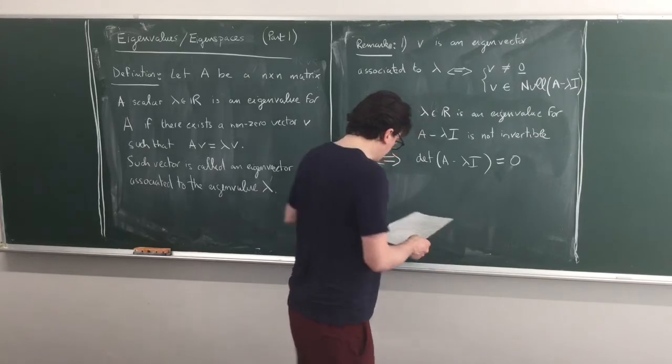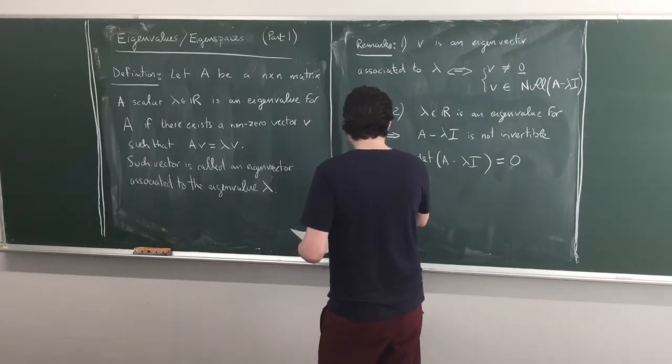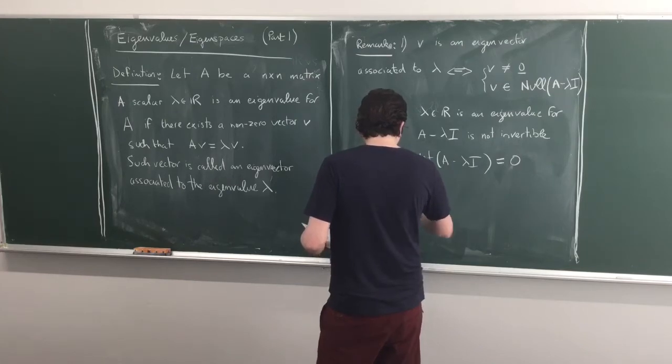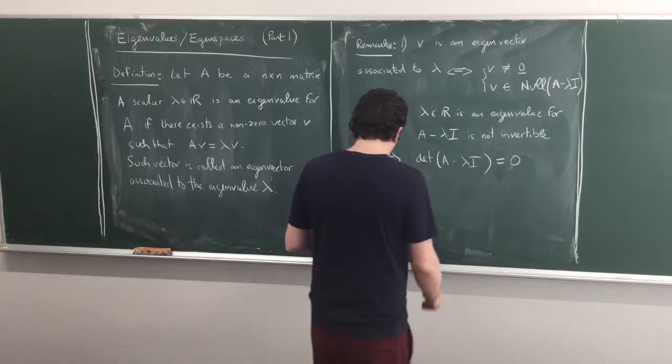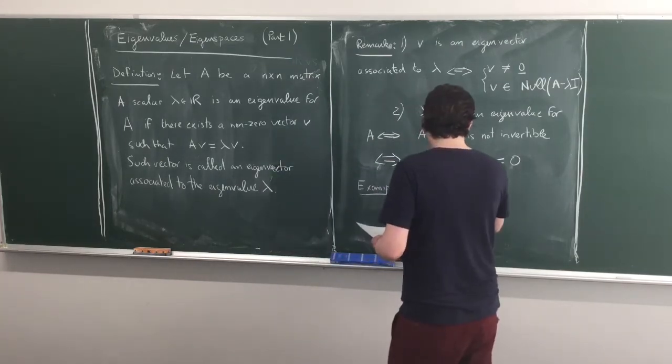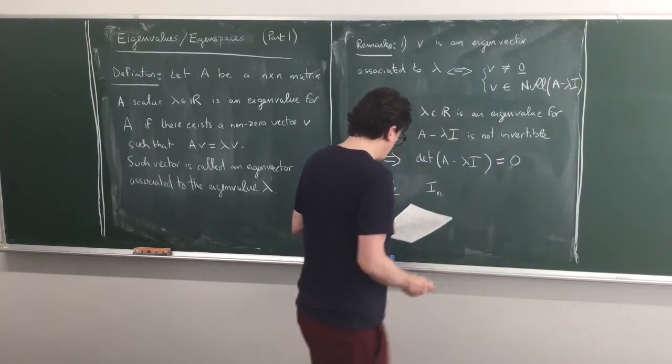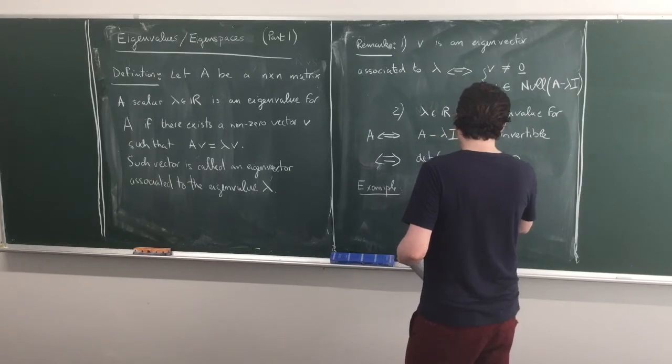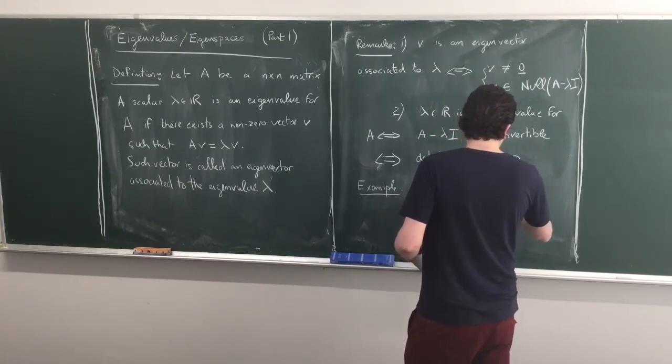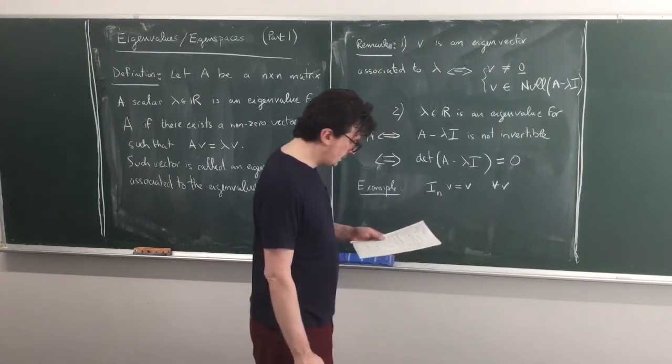So, an example. If we take, for example, the identity matrix I_n, then I_n V is equal to V for any V, isn't it?